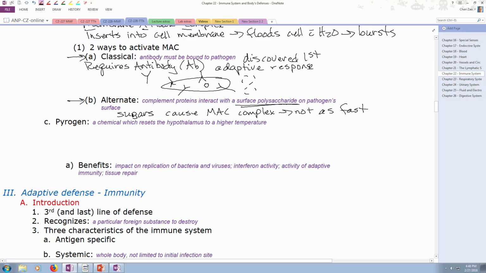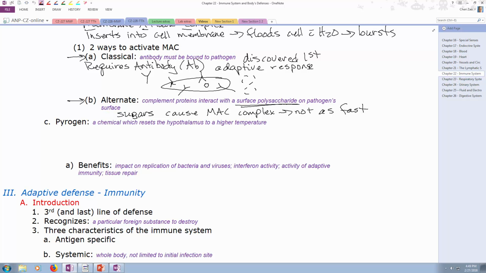What does pyro mean? Fire. So a pyrogen is a substance which causes fever. Our notes here say a chemical which resets the hypothalamus to a higher temperature, and that's how it does that. It affects the hypothalamus, causing it to elevate the temperature that is considered appropriate at that time.